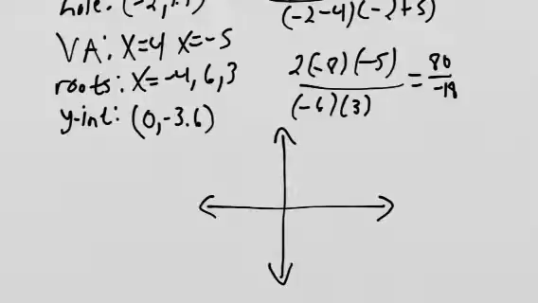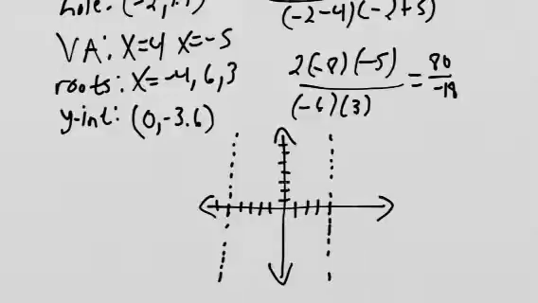Okay, so anyway, we have a vertical asymptote at x equals 4, and one at x equals -5, so let's draw that in there. And then we have to put in our y-intercept and our hole.